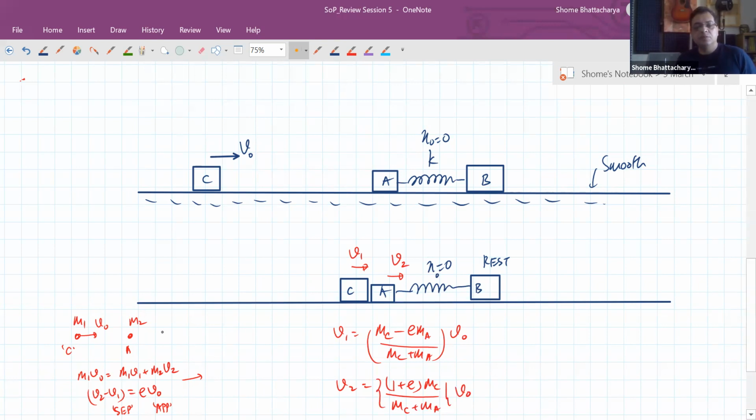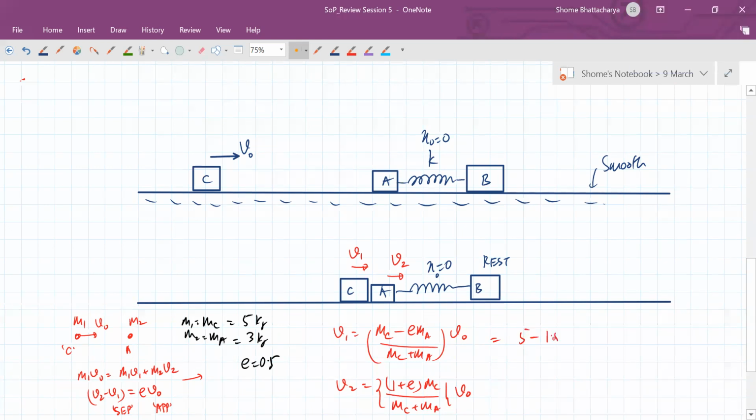So basically this is coming from solving this. M1 is the mass of C and M2 is the mass of A. Now the mass of C was given to us as 5 kgs and this is given to us as 3 kgs and coefficient of restitution is 0.5. So substituting that here, we will get (5 minus 1.5) divided by (5 plus 3) times 2.4.